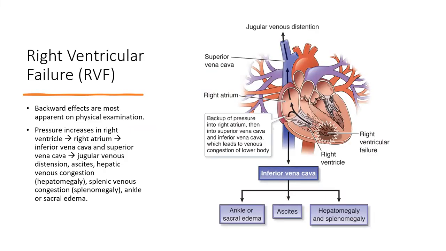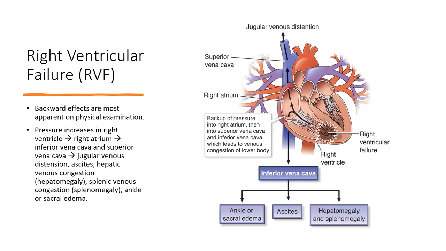With right ventricular failure, backward effects are most apparent on physical examination. With left ventricular failure, we're seeing more forward effects, while in the right, we're seeing more backward effects.